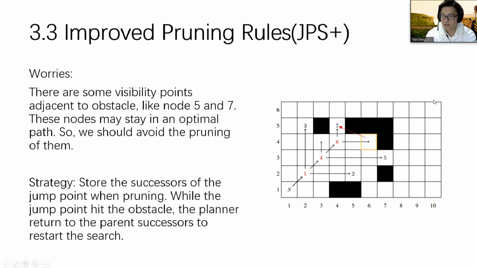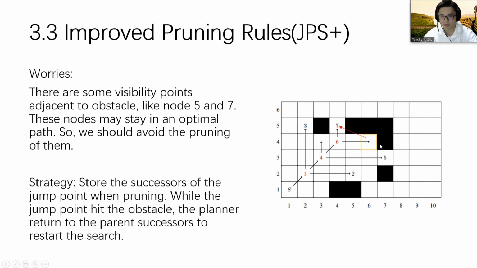The third improvement is called the improved pruning rules. This is the idea that if you find a dead end near the obstacles, you don't need to abandon the whole path. You can store the successors in the path before computing, and if you find dead ends, you can restart from the successors.